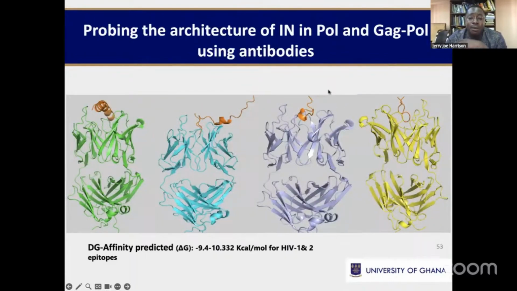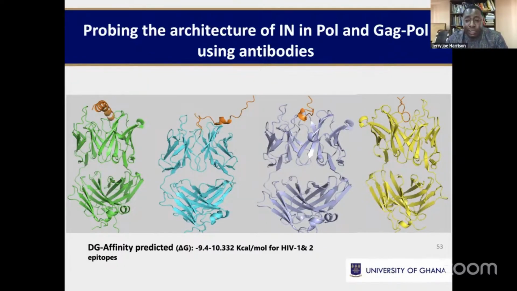So again, based on that, we're asking ourselves, since we couldn't visualize the integrase, and we're still working with HIV-2 and HIV-1, can we use FABs to stabilize the flexible regions in the protein to enable us to visualize where the integrase domain, for example, is?